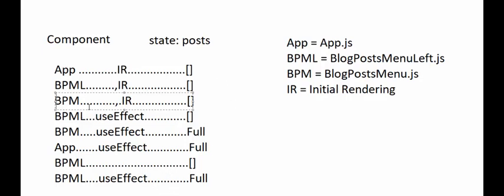Every component has 2 renderings, which is 6, but BPML has 4 renderings, and BPM has 2 renderings. Two renderings is normal because every component must have an initial rendering, and after that useEffect starts a re-rendering.